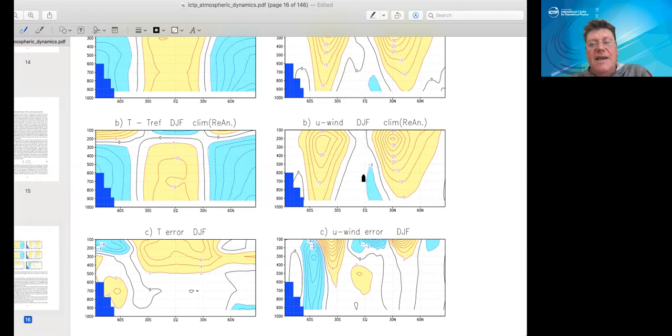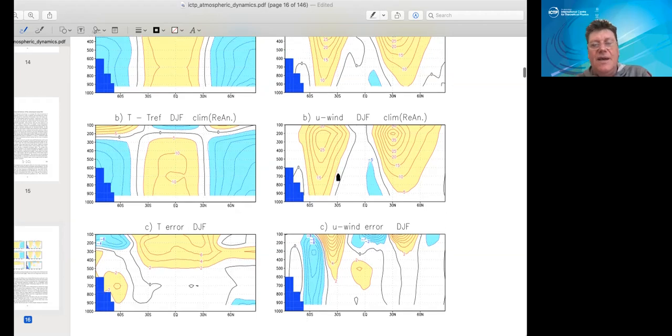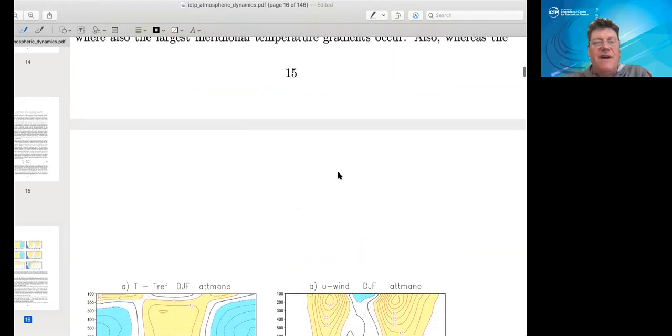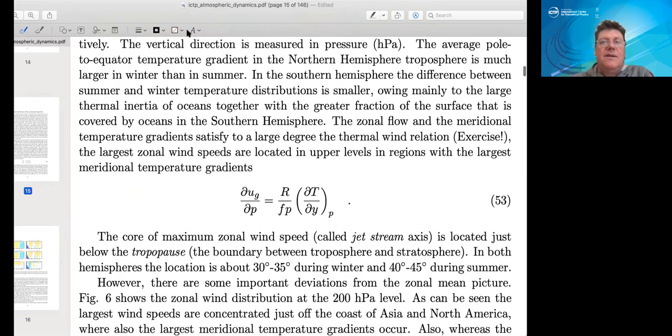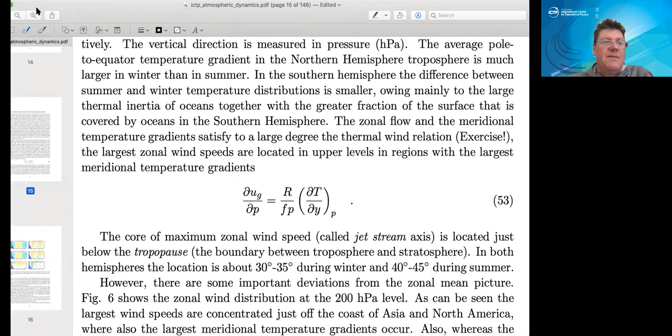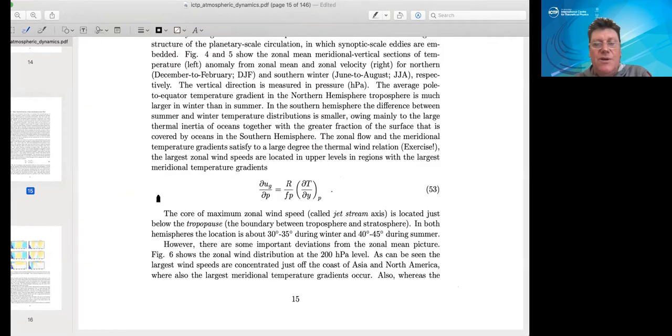So this is again this interesting relationship between the temperature gradient and the change of wind with height that we can derive here. This is a very, very useful equation that, again, if you stay in meteorology or climate, you will use many times. This is called thermal wind equation.